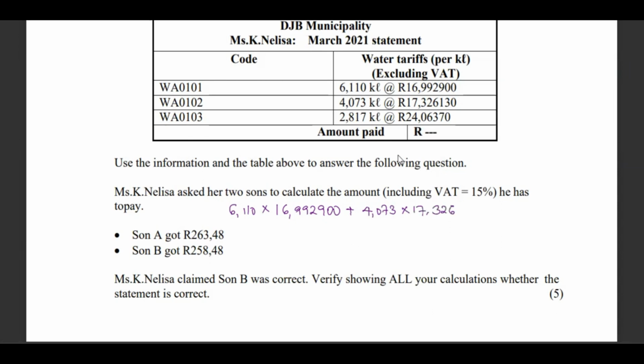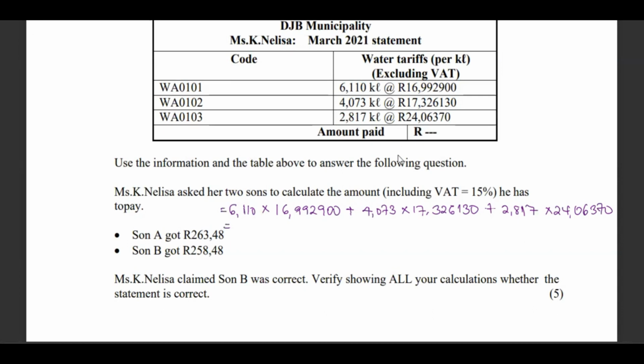The second category is supposed to be that much plus the third category. So when you multiply these numbers here, what do you end up having? That's what we are looking at.